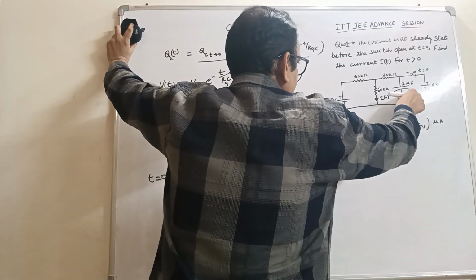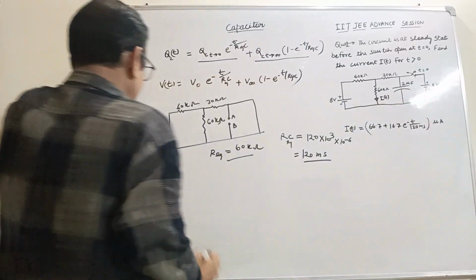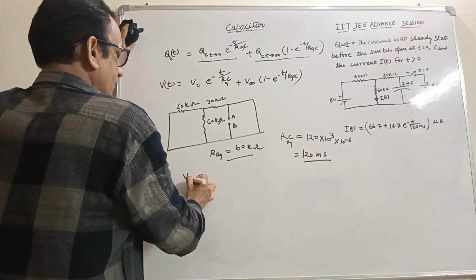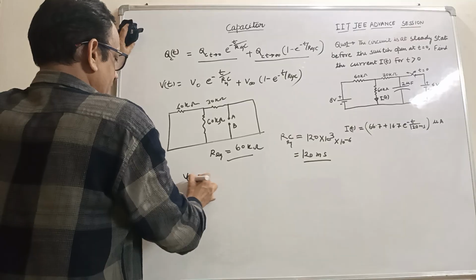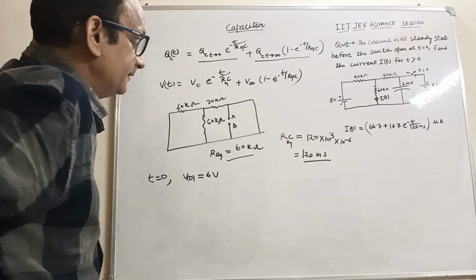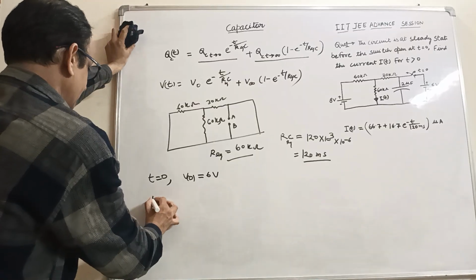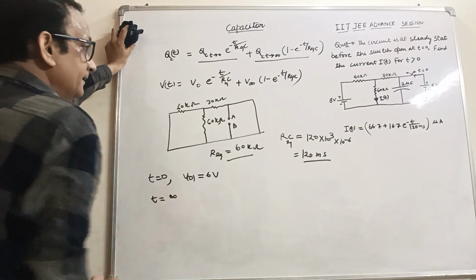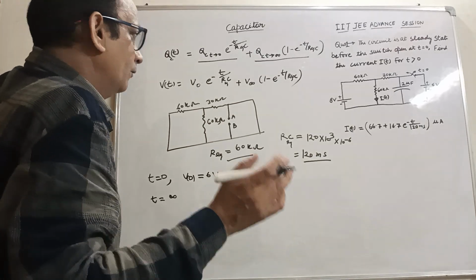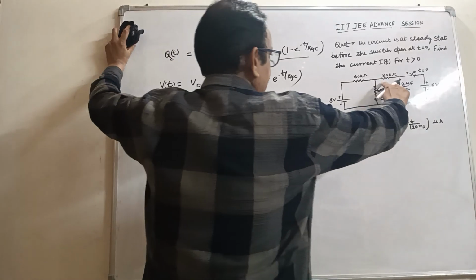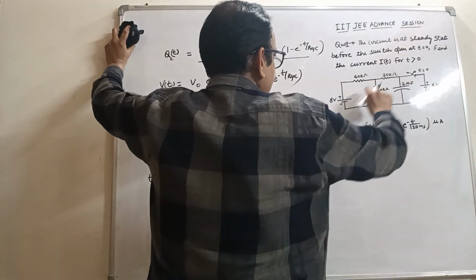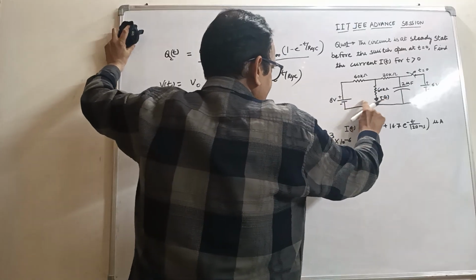So the potential at time 0 is 6 volt, and the potential at infinity is the steady state potential. In steady state the capacitor is an open circuit, so there is no current in this branch, and current flows only in this circuit.